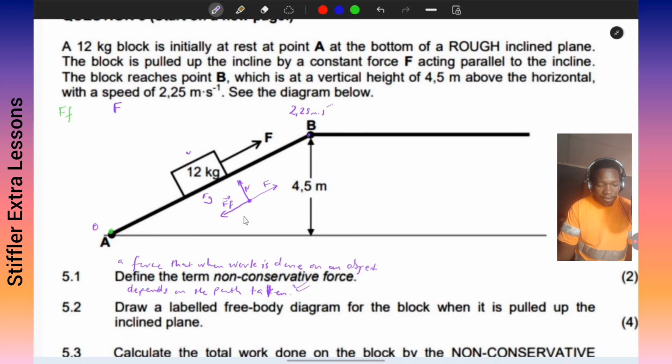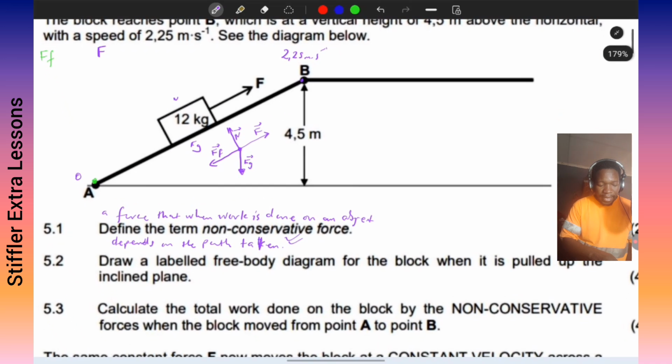Frictional force, and we have Fg, which is acting perpendicular downwards. Fg always acts perpendicular downwards. So these are all the forces that we're having on this object. And we can move on.